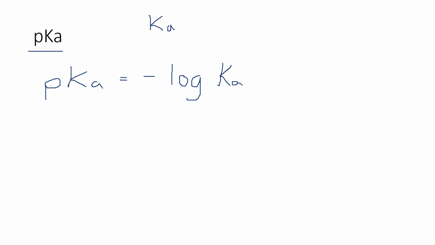And what this means is that if Ka is a bigger number, then pKa would be a smaller number. And if Ka is a smaller number, then pKa would be a bigger number. So the smaller the value of pKa, the stronger the acid would be.